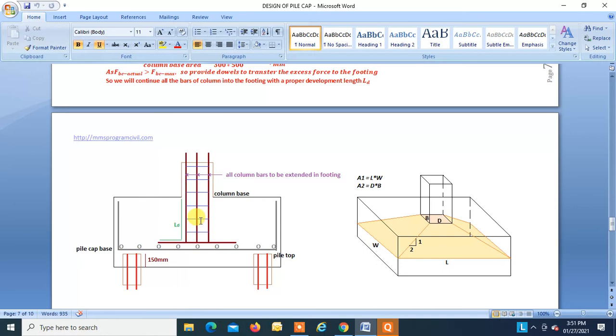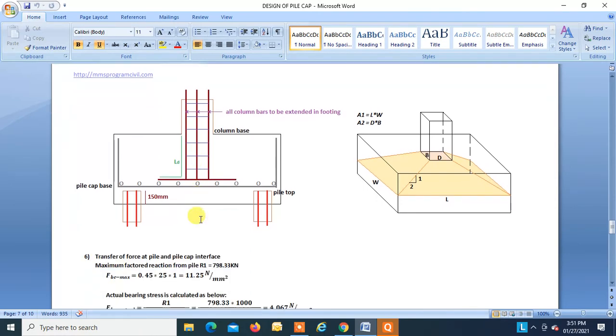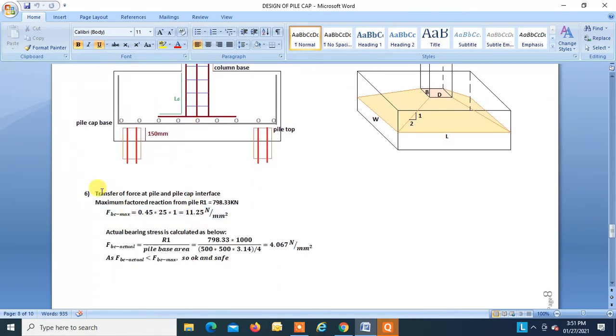Now the next check is transfer of forces at the pile and pile cap interface, that is at this face. We know that the maximum reaction coming is on pile number 1, that is reaction R1, and that reaction is 798.33. We know FBC maximum is 11.25.